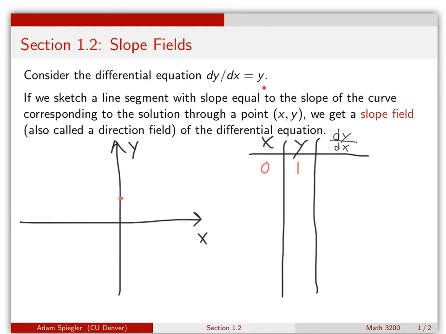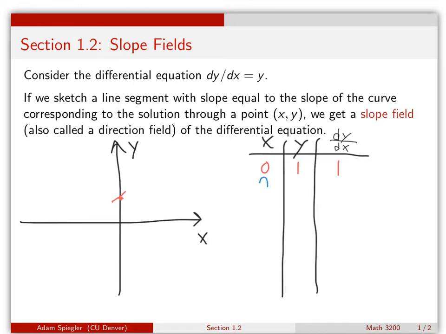We plug y equals 1 in over here, and we see that we would get a slope of 1. So what that tells me is, regardless of what the solution to the differential equation through the point (0, 1) is, I know that at this instant the solution is going to have a slope equal to 1.